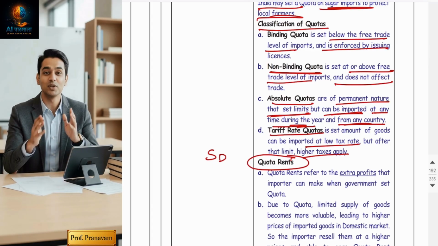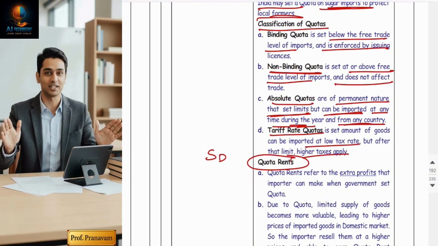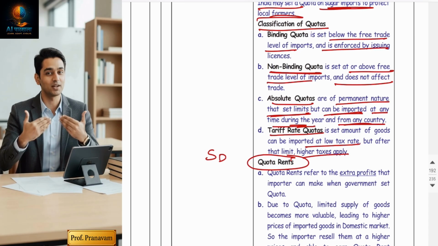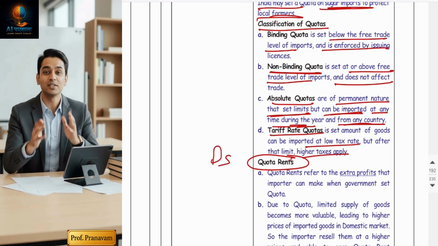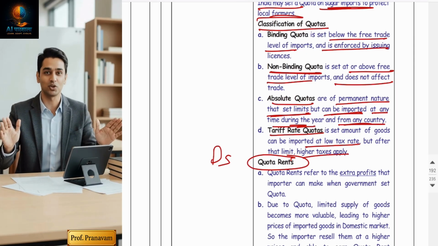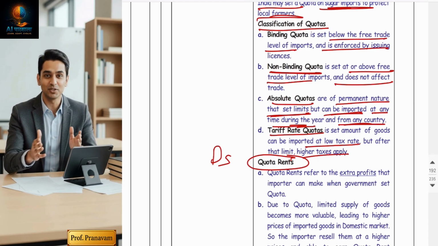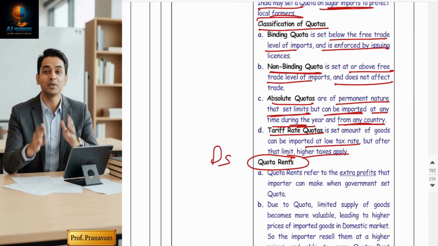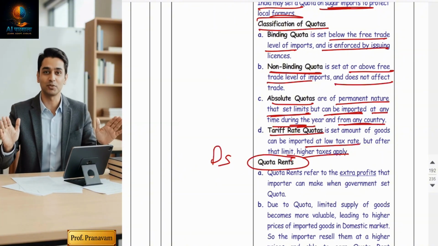You have studied the equilibrium price: when import is restricted, supply will be lesser than demand and the prices will shoot up. It means inflation will take place, and due to the rise in price, the importer will sell their imported goods at a higher price and the profit margin will increase. So due to the restriction, when the price increases, the extra profit they are earning is called quota rent.